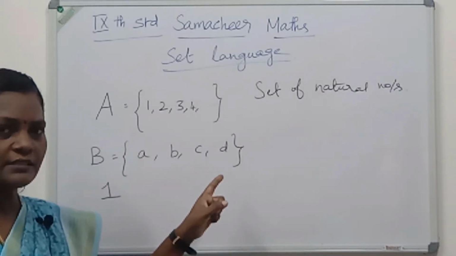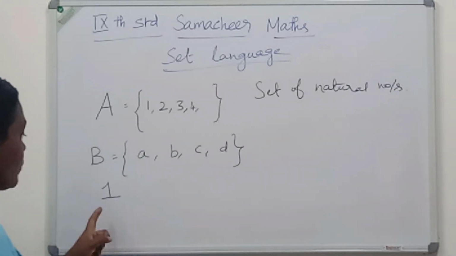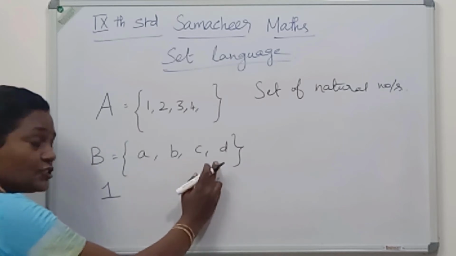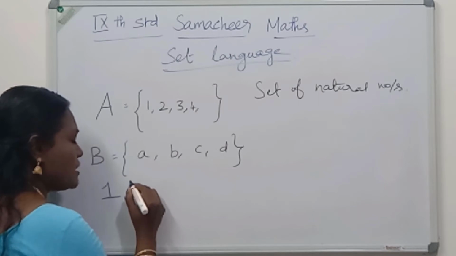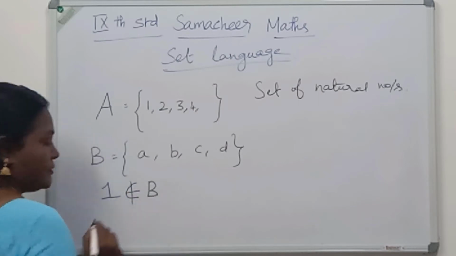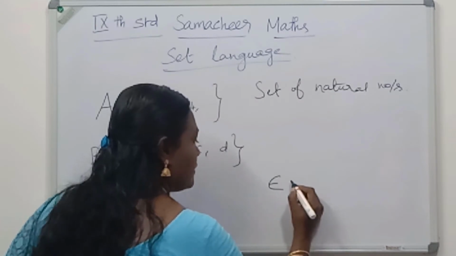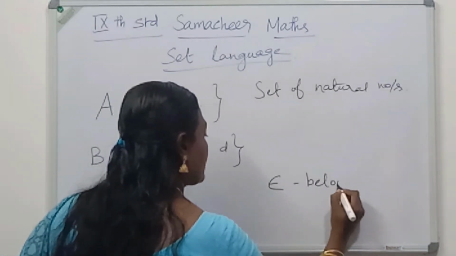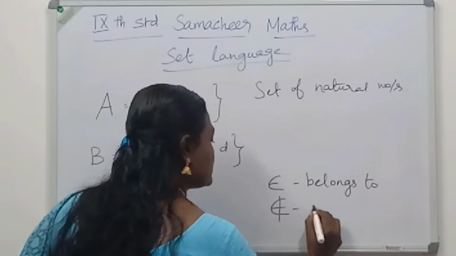How do you write in the mathematical way whether an element is in a particular set or not? 1 is not in the set B, because only English letters are there, so 1 does not belong to B. In the mathematical expression, this symbol means belongs to, and this one means does not belong to.